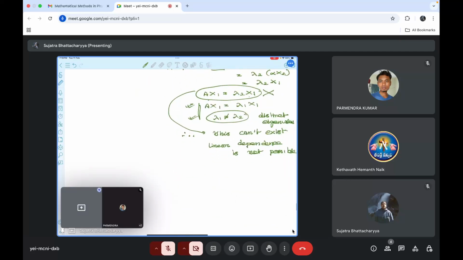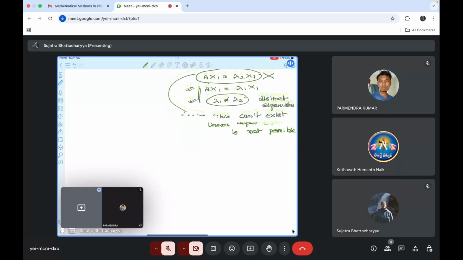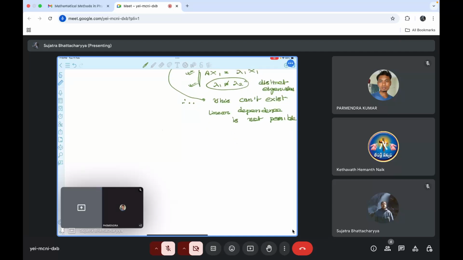Okay, this is another thing. Next is the concept of a defective matrix. Very important. We will see it with an example, and while doing so, we'll know how to calculate the eigenvalues and eigenvectors. There will be some questions coming. Okay.